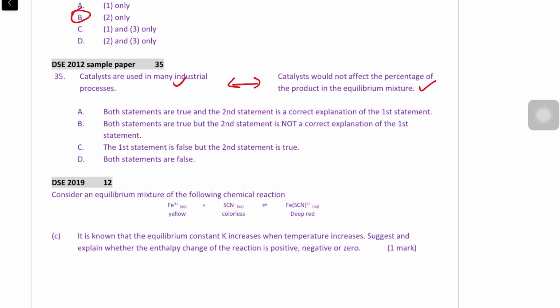A catalyst is used to speed up the reaction rate but does not change the equilibrium position. So for this one, I think the answer is B because the second one is not the correct explanation for the first one. Here is the explanation for all multiple choice questions in the past paper. Maybe we will discuss the long questions in the coming video.